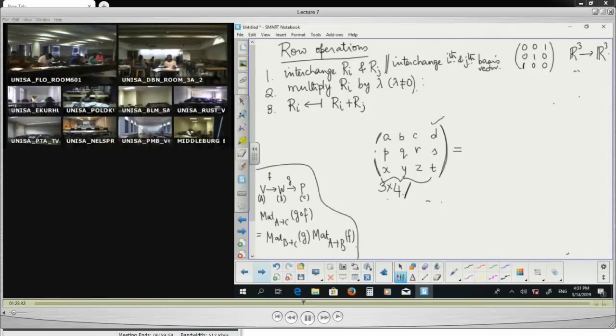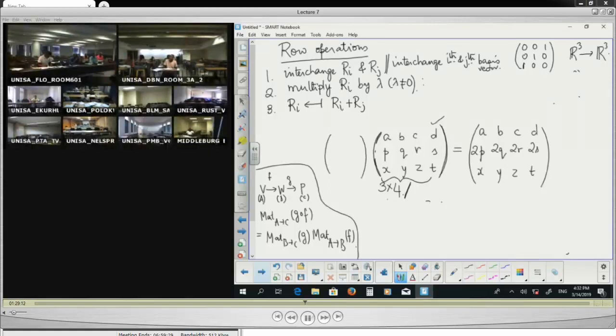This has to be 2p, 2q, 2r, 2s, and this is x, y, z, t. So again, it must be a 3 by 3 matrix. And what should be the matrix? 1, 0, 0. Good. Correct.